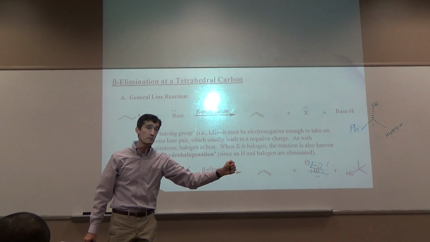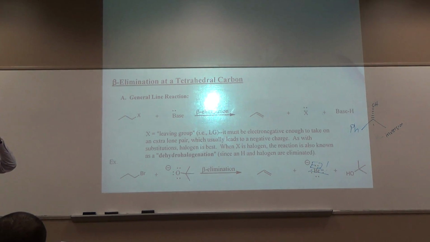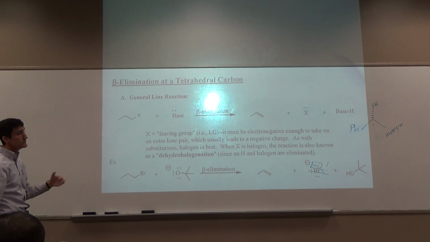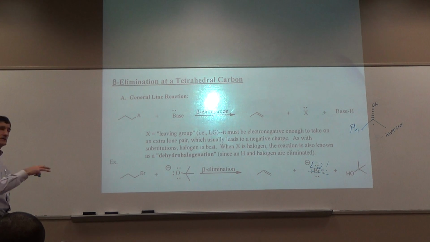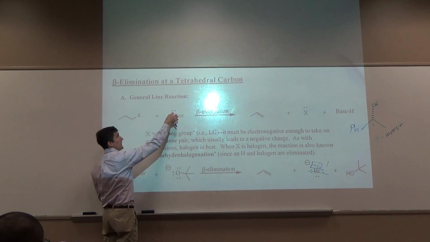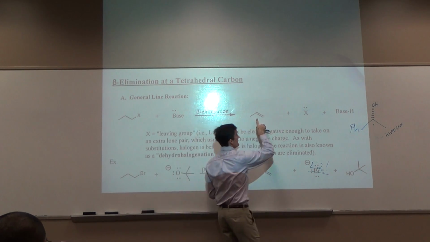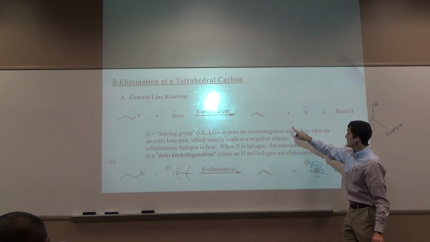When it bonds to a carbon, we call it a nucleophile. They're almost identical, although sometimes something can be a better base than nucleophile, because sterics is very important when you're reacting as a nucleophile. But it's got a lone pair. We're going to get the alkene. The leaving group is going to leave.